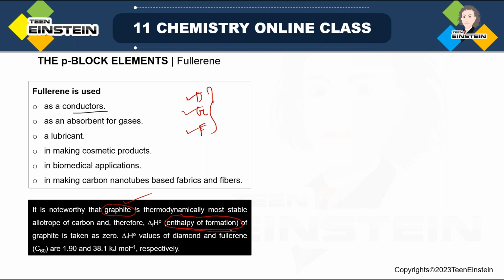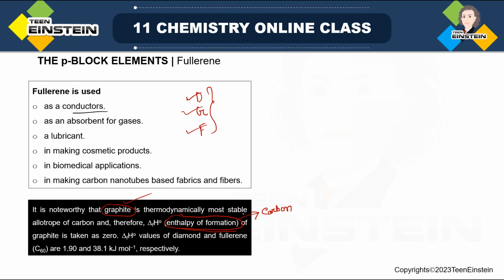Carbon is also an element, but there are different forms. Which form will be considered during the calculation or any related problems when we need the enthalpy of formation of carbon?